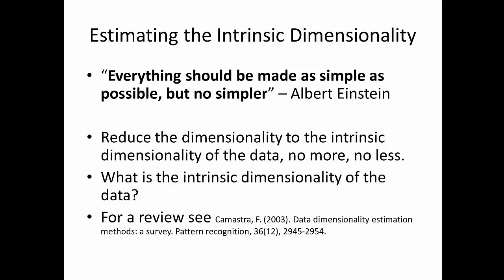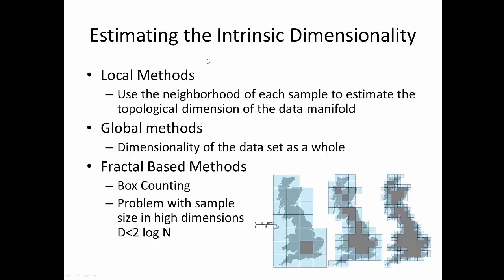So if we reduce it too much, we're going to start throwing away very informative parts of the data. So the next question is, what is the intrinsic dimensionality of the data? There are many methods to address this question.